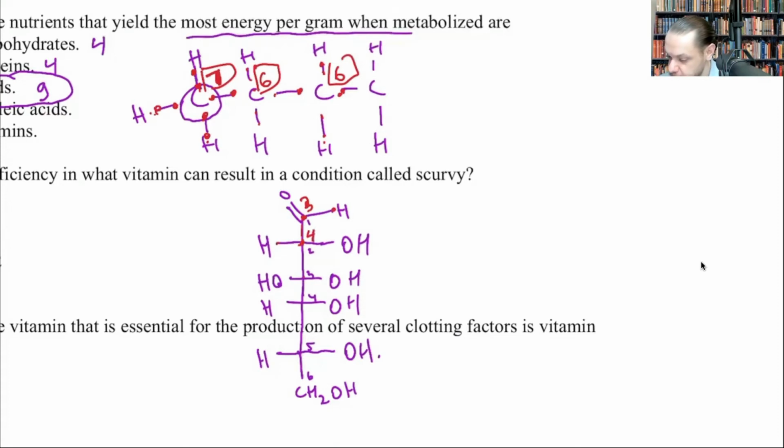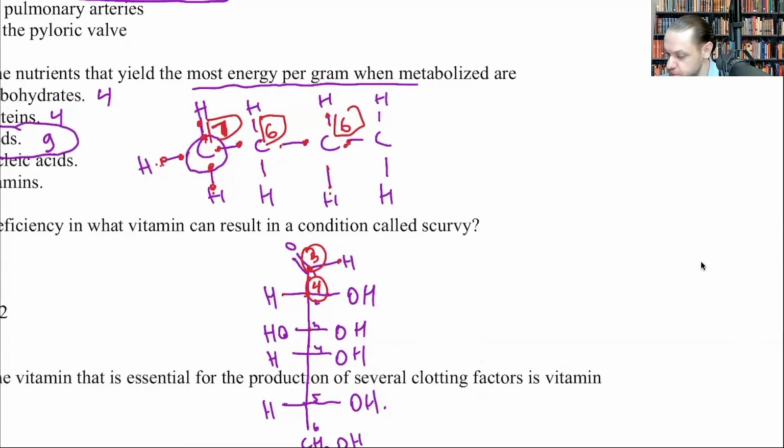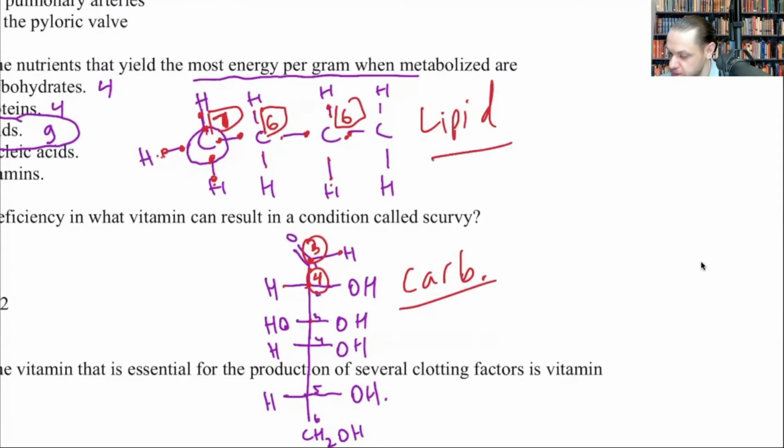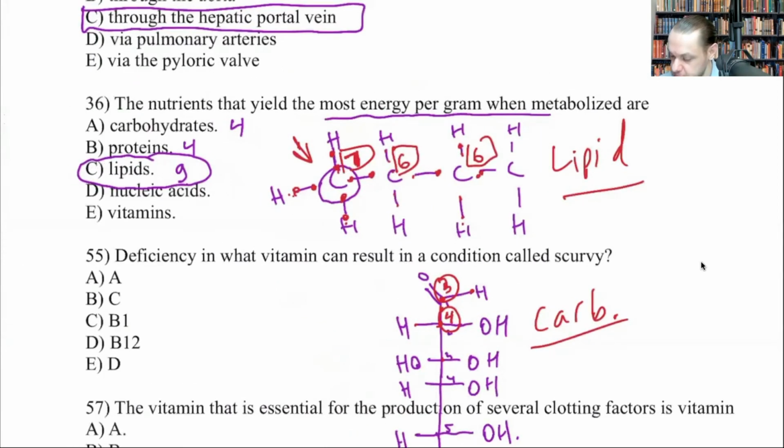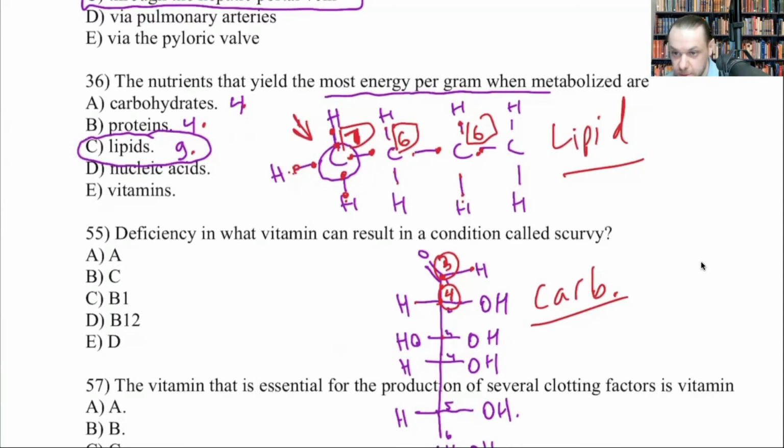So you see, if I keep going down the chain, there's less amount of hydrogen that will be available as they start to break up, as opposed to a lipid. Lipid, this is a carb. So lipid will have more. And also, if you look at the kilocalories, lipids have 9, proteins and carbs have 4. So 36, the choice is C, right?